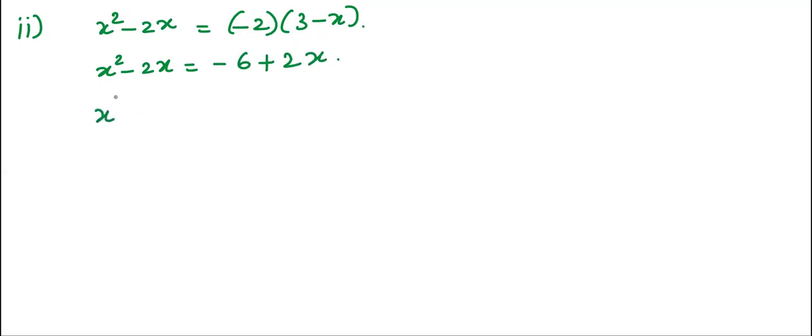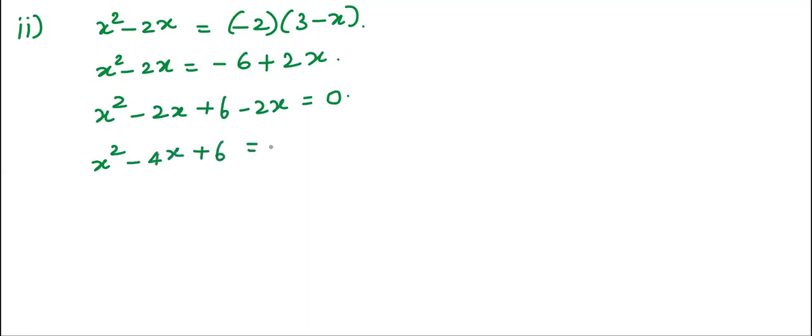Let's bring everything to the left side. So minus 2x, then plus 6, minus 2x is equal to 0. So x square minus 2x and minus 2x will become minus 4x plus 6 is equal to 0. Now ax square plus bx plus c, this is a perfect match. The highest power of the variable here is 2, so this also qualifies as a quadratic equation.